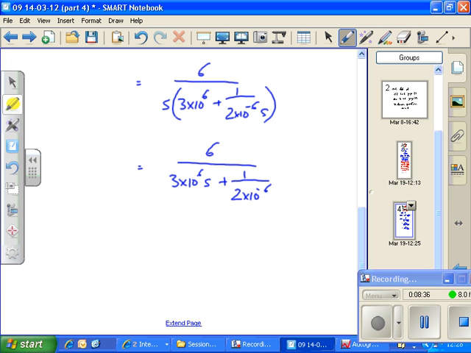So all we need to do now is just to get S on its own, so divide all terms, top and bottom, in this fraction by 3 times 10 to the 6, and you'll get S on its own.